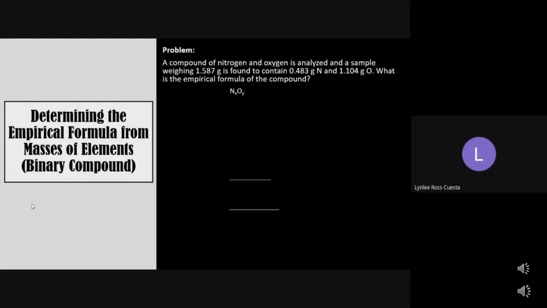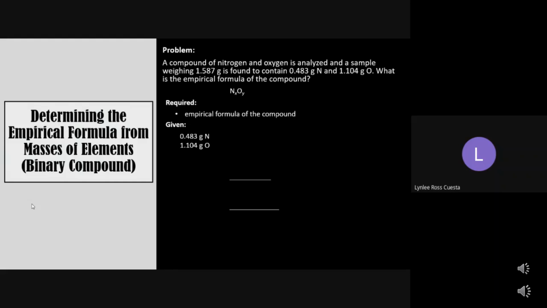Just like what we did in our previous examples, we first determine what is required. For this one, what we are looking for is the empirical formula of the compound. Next, we write what is given. In this example, given are the masses of the nitrogen and the oxygen.